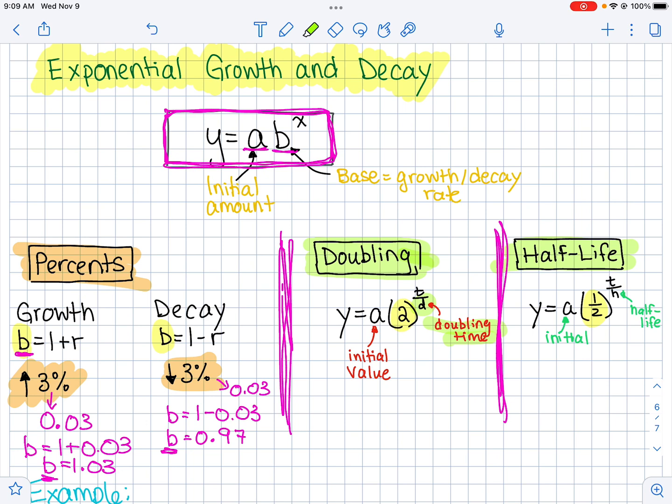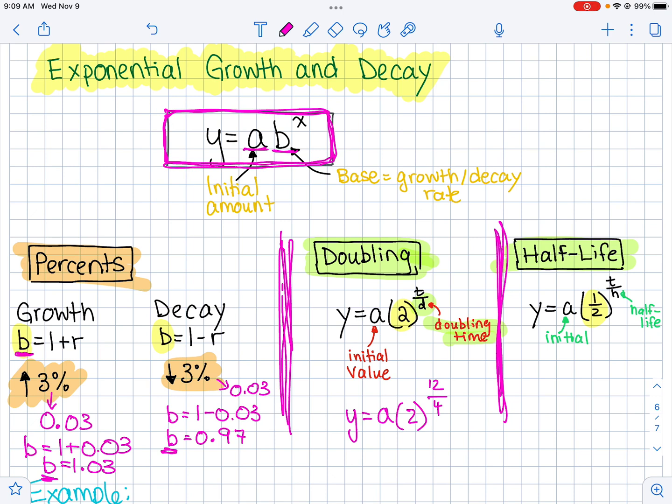So if it says you have bacteria that's doubling every 4 hours, you're not just going to have a straight x as your exponent. You're going to have t over 4. If you want to find out how much is left after 12 hours, you can input a 12 for time, which means it will have doubled 3 times. So that's why we have the fraction exponent there.